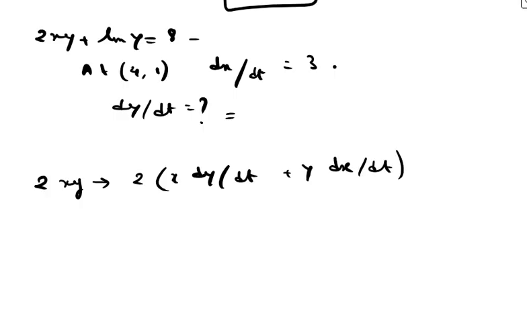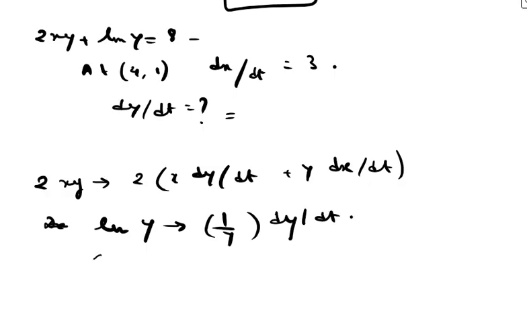The derivative of ln y will be 1 by y dy/dt, and the derivative of 8 is 0.